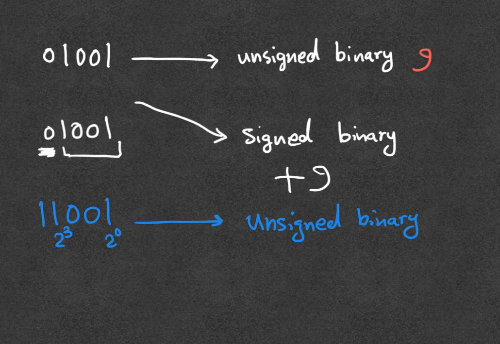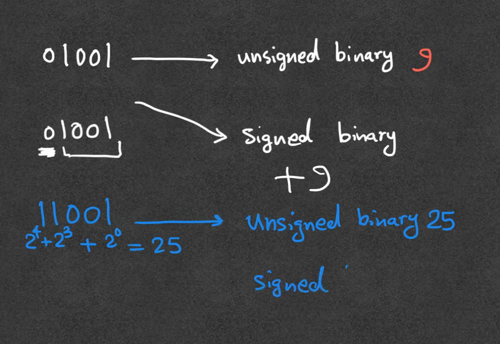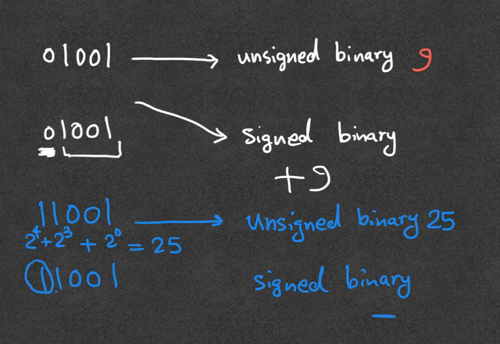Yes. 2 to the power of 3 plus 2 to the power of 4 plus 2 to the power of 0, you get 25. But if it's a signed number, then you just consider 1 1 0 0 1. The 1 is going to be your sign, which is negative, and then the rest is going to be your number, which is 9. So it gives you minus 9.